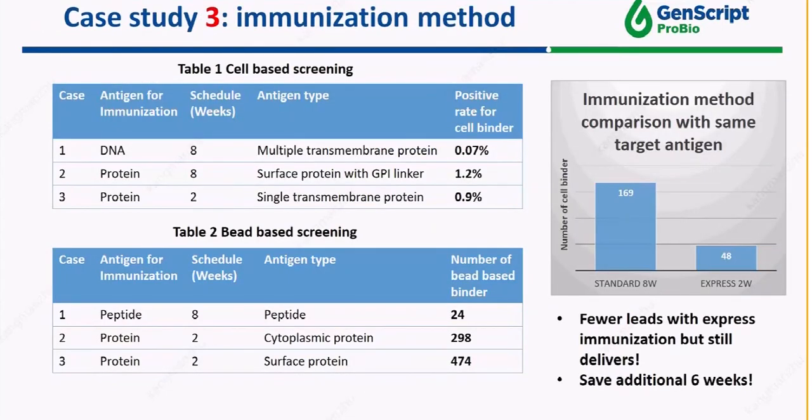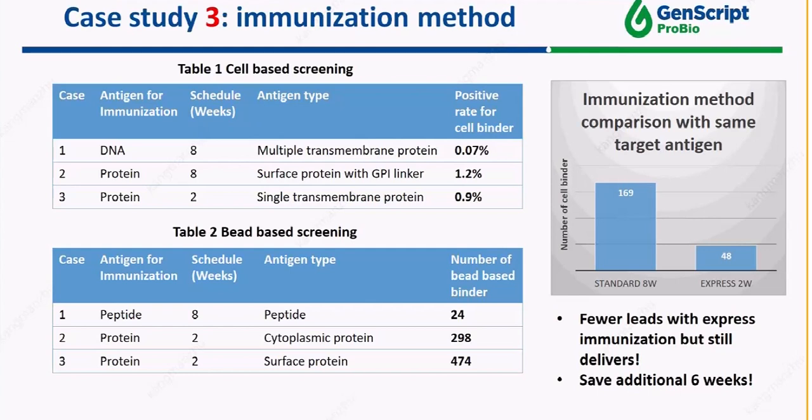In the bar graph in this particular slide, we directly compared immunization method between standard and express with the same target antigen, and you can see that for standard immunization we got 169 binders, but with express immunization we only got 48. So at least for this particular target, we did get much fewer binders, but we still got some.